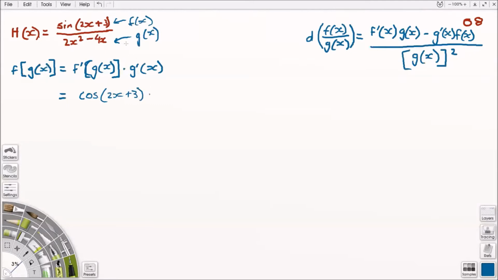Then we times that by the derivative of g of x, the inside, which would be, no, just times that by 2, and I'm going to write it like this, 2 cos(2x + 3). So that's how I like showing it.